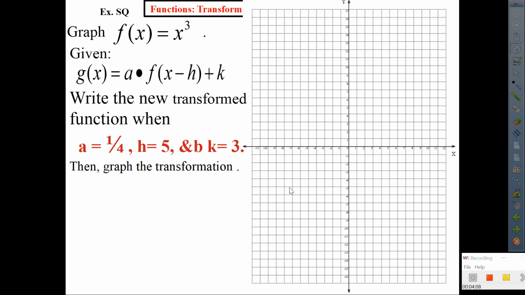So look at this one, don't copy it. Look up to the screen. I'm giving you these parameters, and according to this general rule, tell your neighbor what would happen to the graph according to these parameters, please.